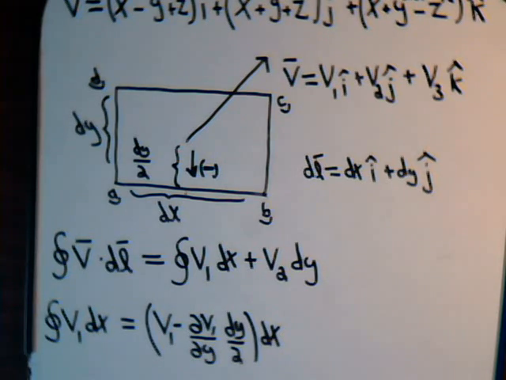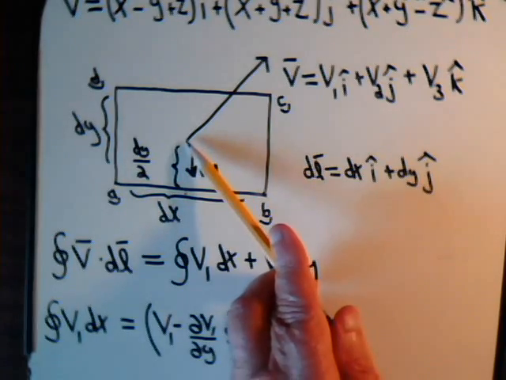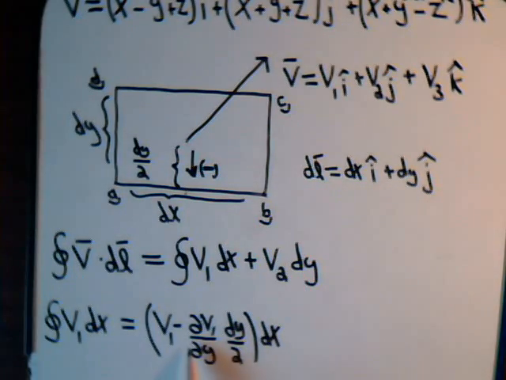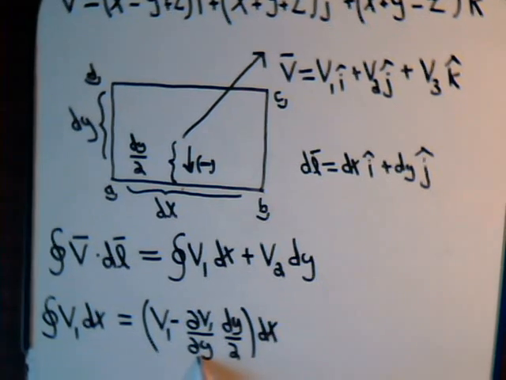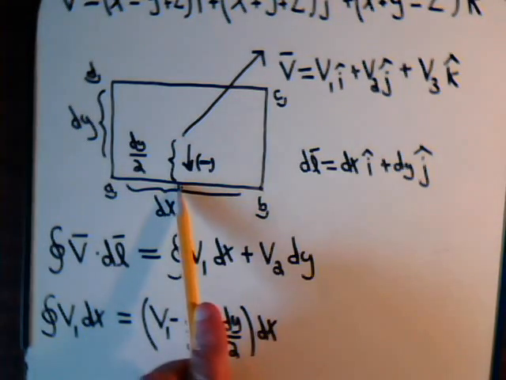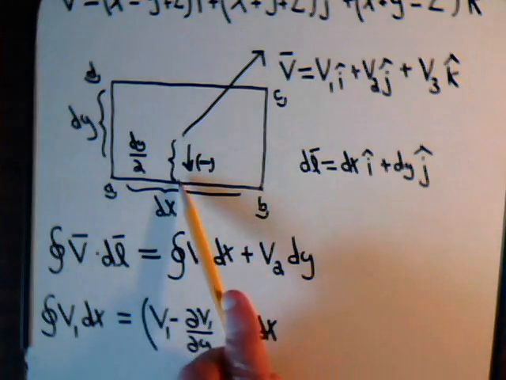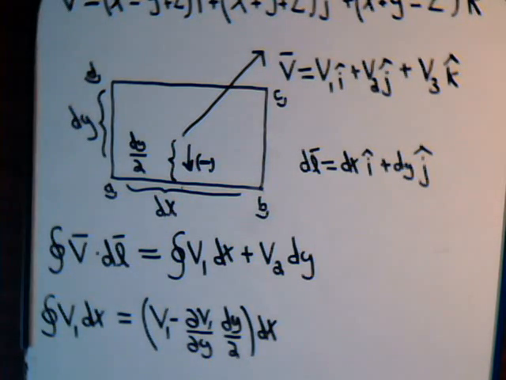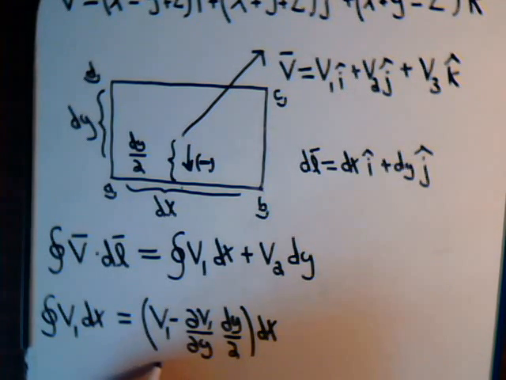Now let's look at this. v1 had a certain value here, but we moved it down, so this is how much it changes. This is the partial of v1 with respect to y. That tells us how v1 changes with respect to y, times the amount of change of y, that's dy over 2. So the new value for v1 down here will be what it was here, minus this. Then we have dx, and now this is along that differential segment going A to B.